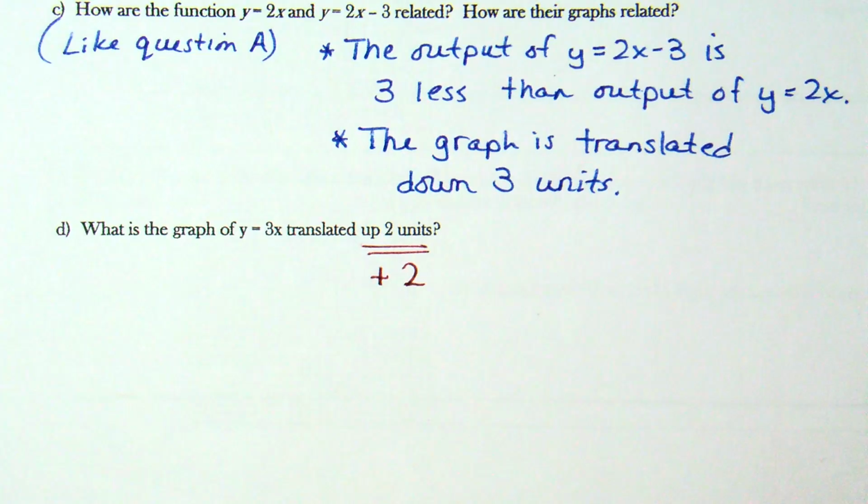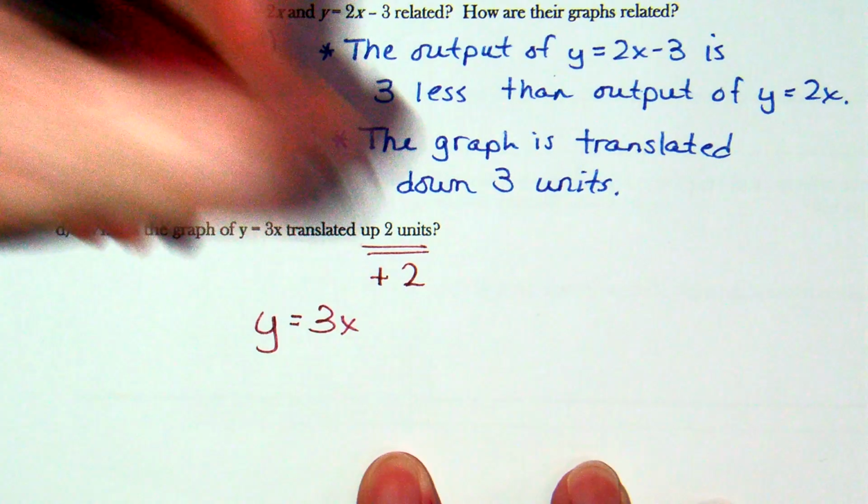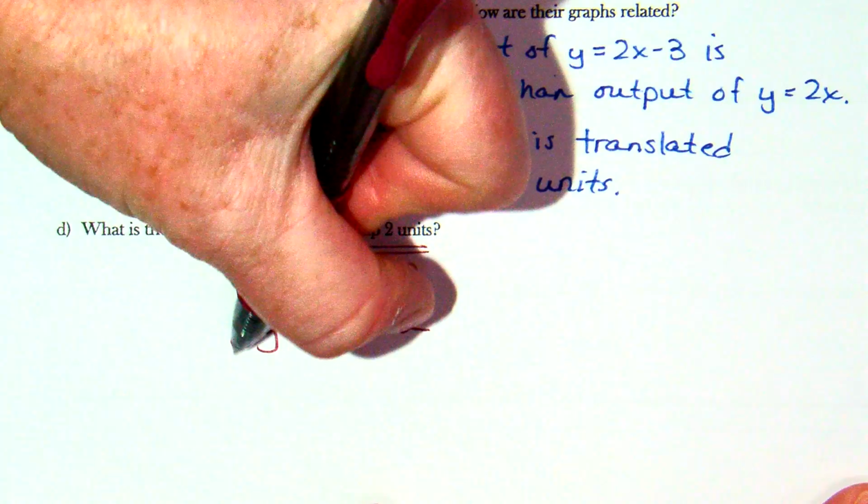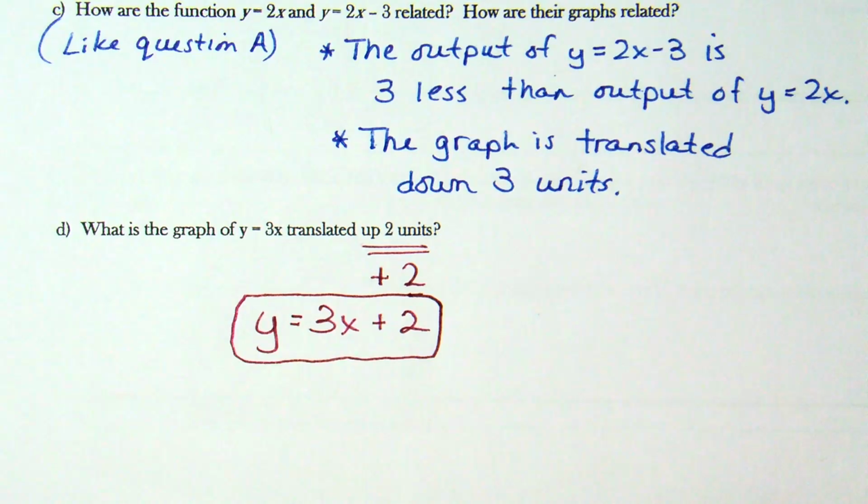So if I have y equals 3x and then I add 2, what is y equals 3x plus 2? Y equals 3x plus 2? Okay. So that's a little bit about vertical translations there.